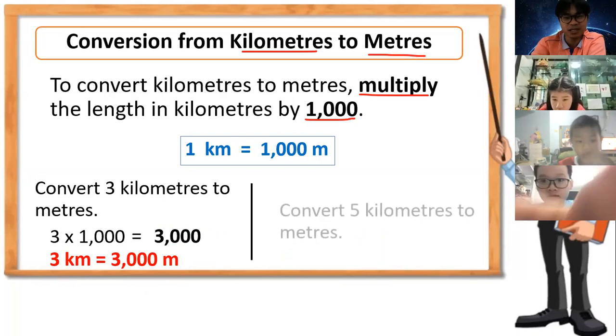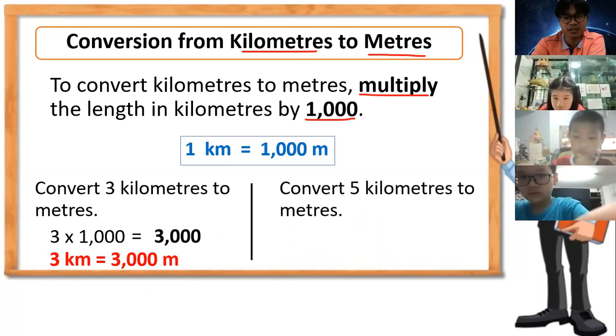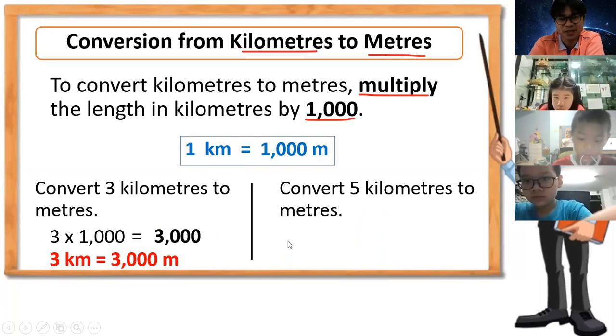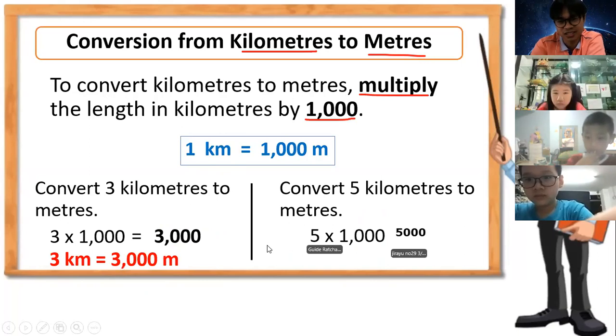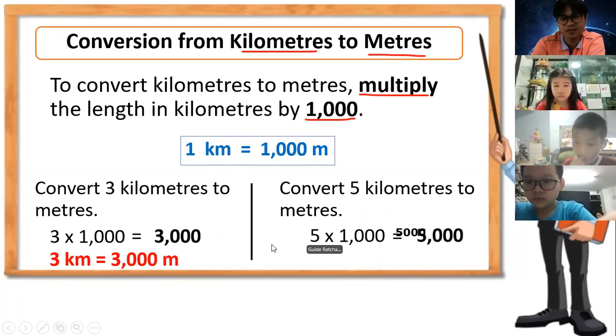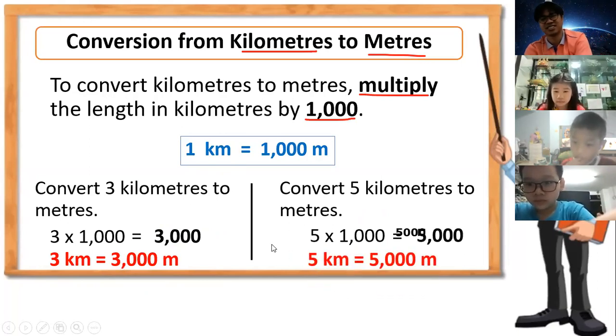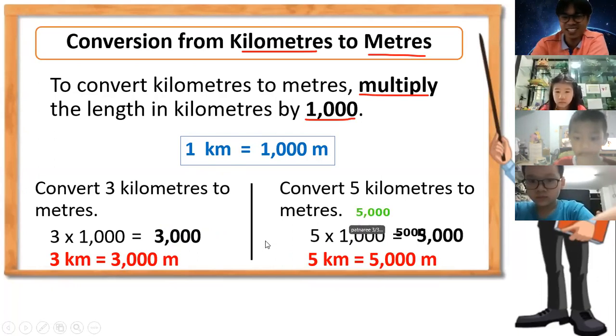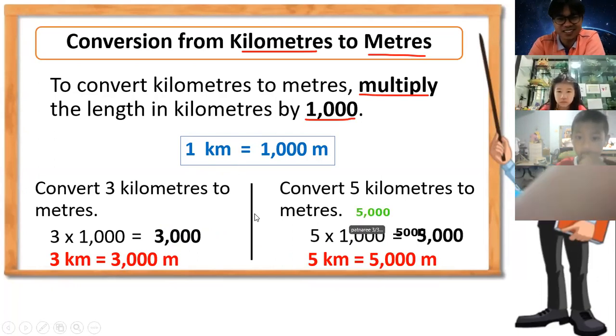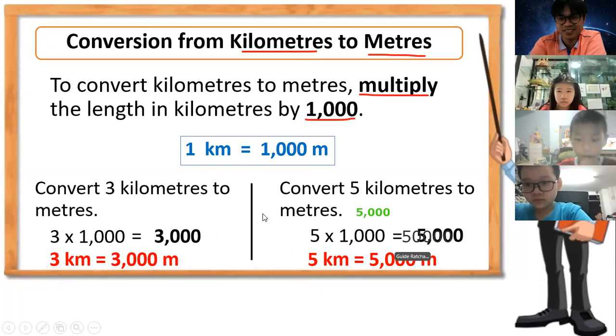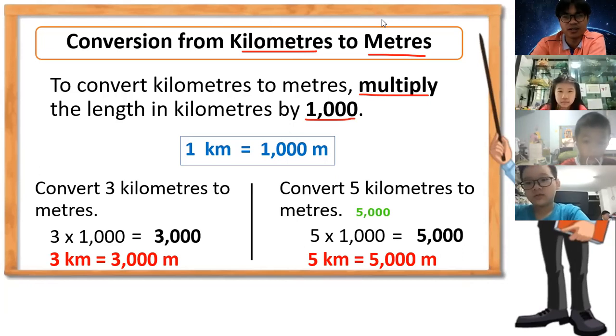Another example: convert 5 kilometers to meters. Times 1,000 equals 5,000. Very easy? Do you understand?